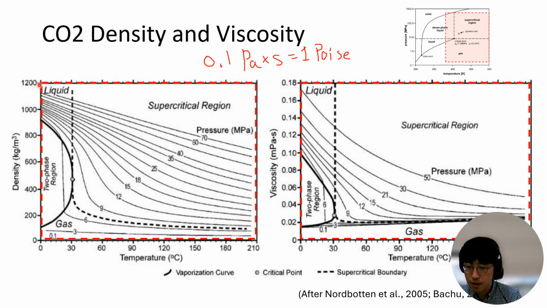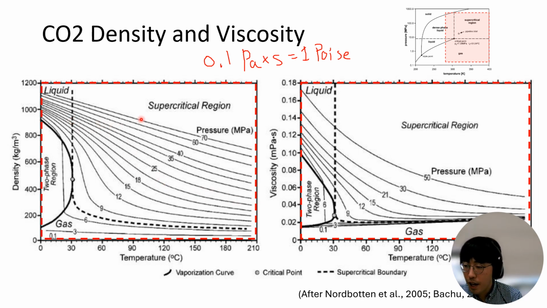And if it's liquid, it only varies between 1,100 and maybe 1,000 or less. But in the supercritical case, even at constant pressure, with a different temperature, the density of the CO2 has more dramatic changes.